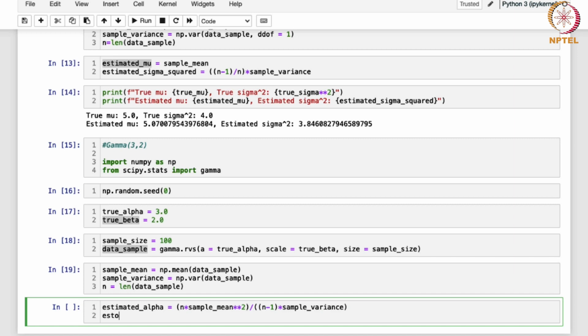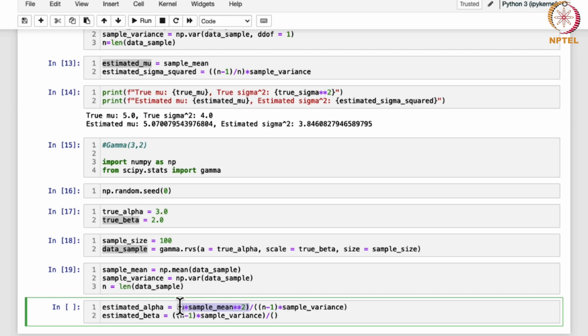And estimated beta is again n minus 1 times the sample variance. So let me just copy it from here. The same thing comes in the numerator here, and it will be divided by n times the sample mean.